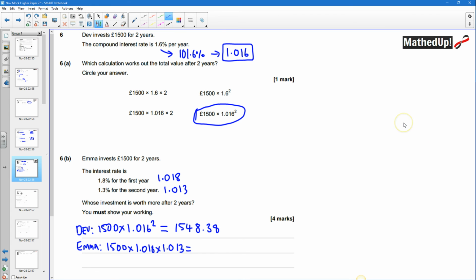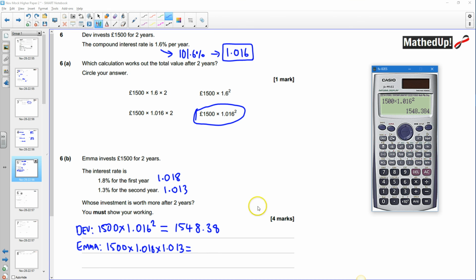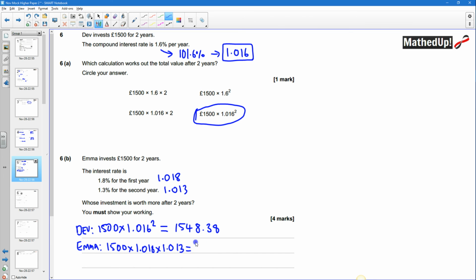So if I now work that out using my calculator, I've got 1,500 times 1.018 times 1.013, and I've got £1,546.85.